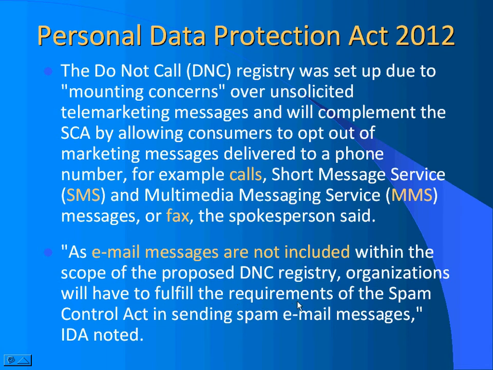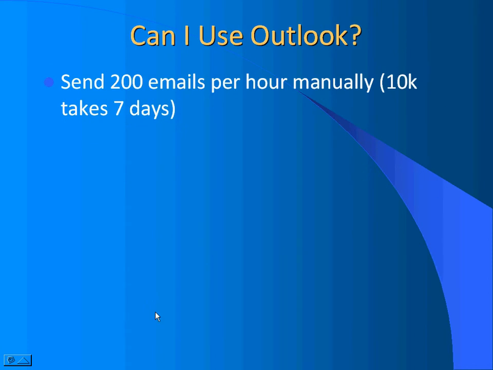Okay, so the next question you have is, what's the difference between Sugar CRM and my Microsoft Outlook? Can I just use Outlook to do direct email marketing? Firstly, you all know that all mail servers have a limit, right? So basically, for your email account not to be blocked or cancelled by the email server, you cannot send too many emails in one go.